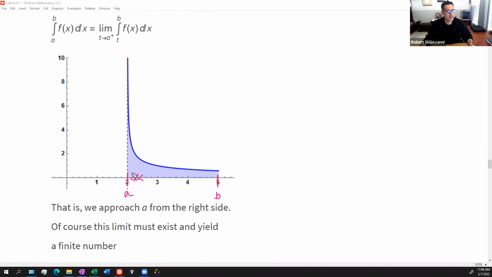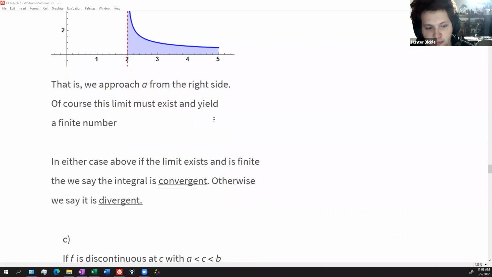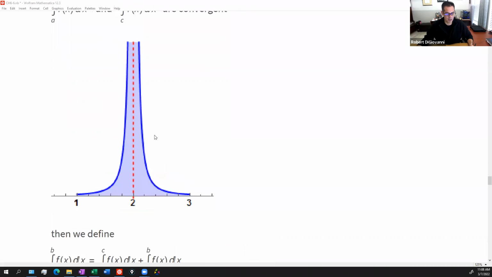How do you think we're going to handle it when the discontinuity is somewhere in the middle? We break it in half. Yeah, we'll just break it up. So if you have a discontinuity in the middle like this, where A is no problem, B is no problem, but there's some point C in here where you have a problem, you're going to have to break it into two integrals.